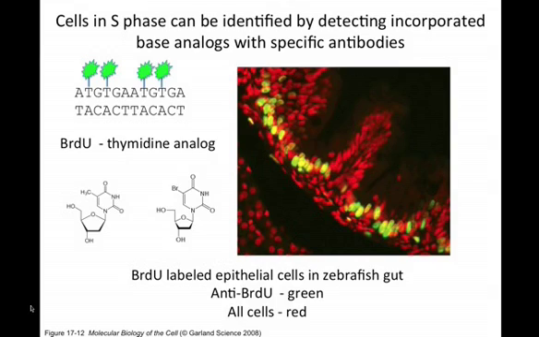And so if you can understand BrdU, a base analog incorporated into newly synthesized DNA, that can be detected. If you have BrdU incorporated into DNA, it must be newly made, right? Because how's it going to get incorporated into DNA that's already existing? It won't. Any questions about this concept?